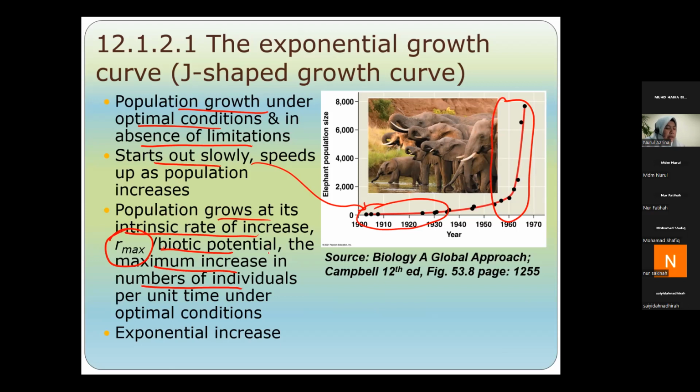So in other words, biotic potential means maximizing the increase of population size, or in other words, maximizing reproductive success.